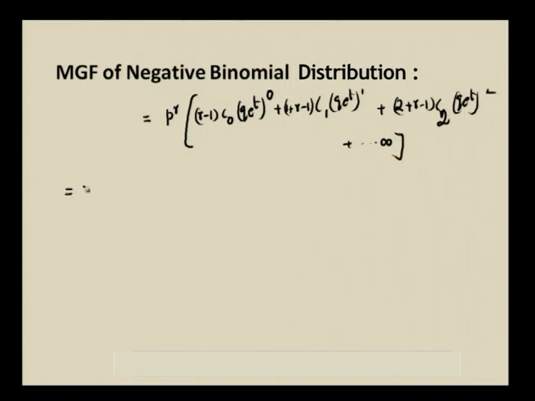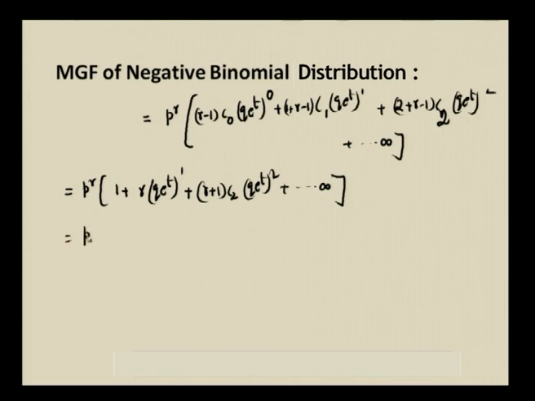So, this is equal to p^r, the first term is 1 and the second term is C(r, 1) = r (q e^t), plus C(r+1, 2) (q e^t)^2 plus etc. So, this is written as p^r [1 + r q e^t + ((r+1) r / 2!) (q e^t)^2 + ...] up to infinity.